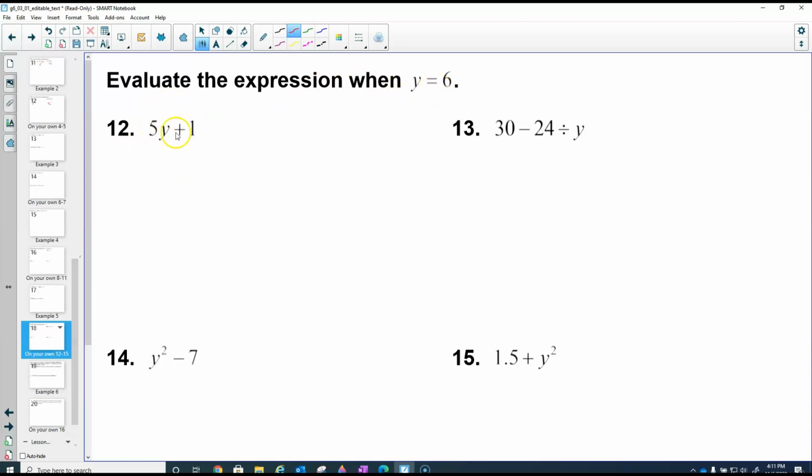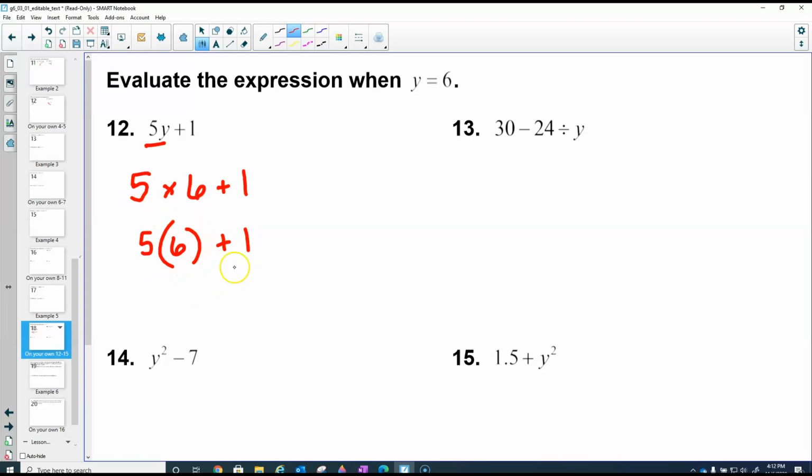So I see y equals 6, and I see a y here. When something is right next to each other, that means that they are multiplied together. So we have 5 times 6 plus 1. You can also write it 5 times 6 plus 1. Multiplication has lots of different ways we can show it.